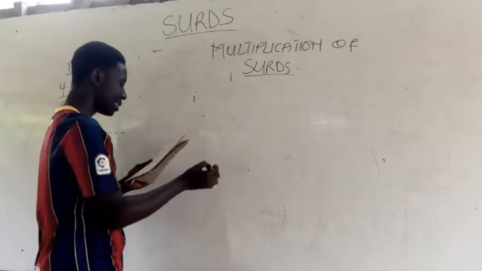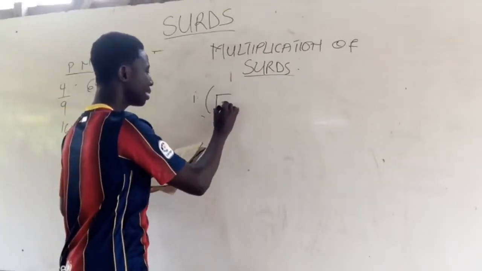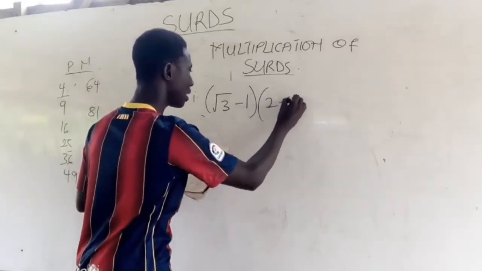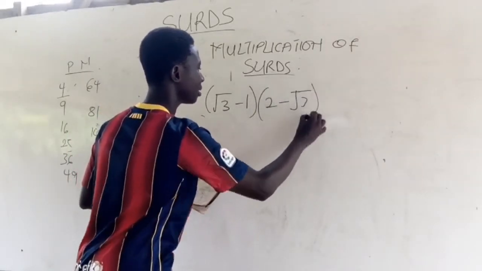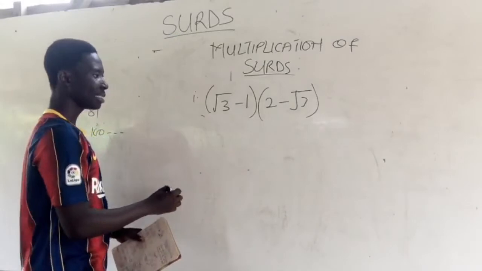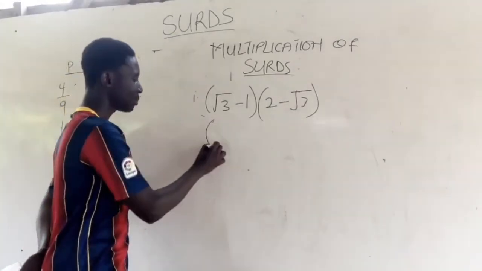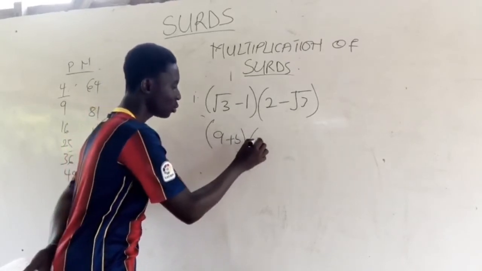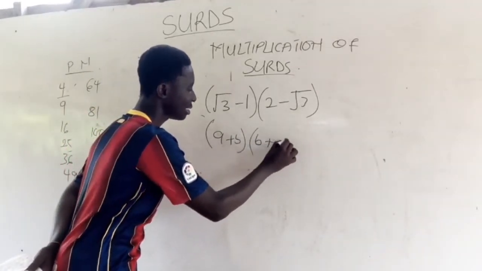An example: write root 3 minus 1 into 2 minus root 3. So this is more like you're having an expression like a plus b into b plus c.